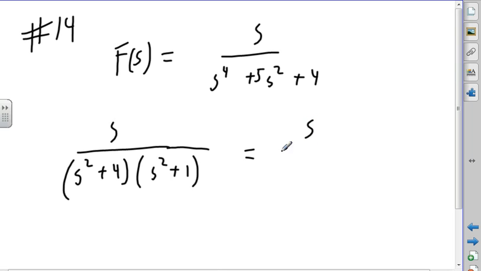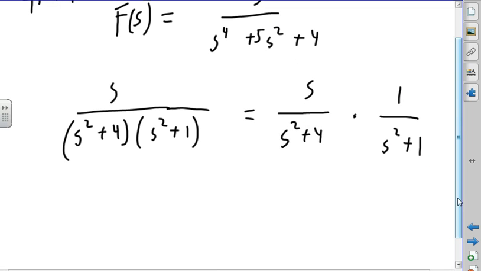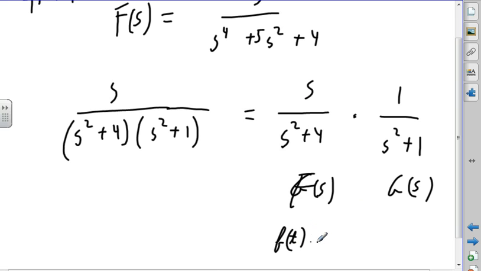So I got s over s squared plus 4 times 1 over s squared plus 1. Okay, and that would be a cool thing to do, because if I put the s over the other guy, then I'd need a 2 up here when I do my Laplace transform. So this guy's f of s, this times g of s, and so f of t is going to be cosine 2t, and g of t is going to be sine t.